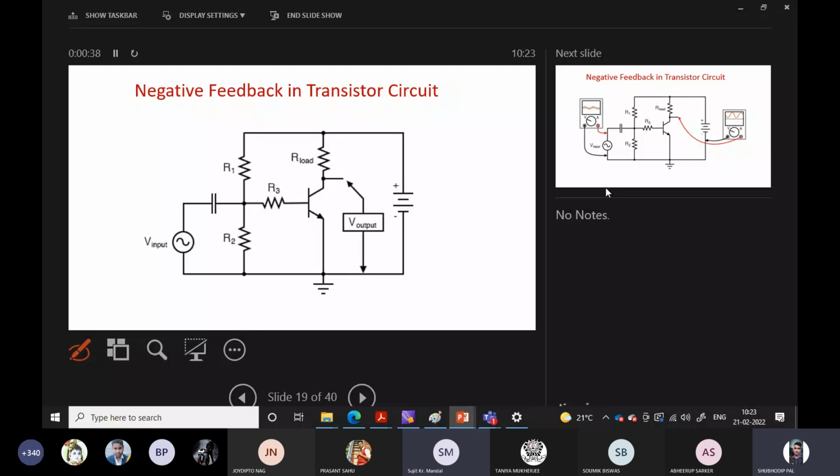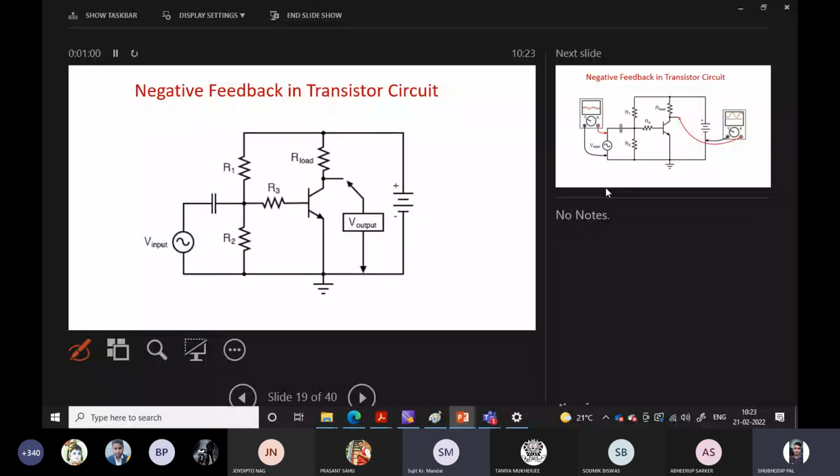The positive feedback, though it increases the gain, increases the instability. And the positive feedback is required to design an oscillator, or to get some oscillation. So that I will discuss in brief today.